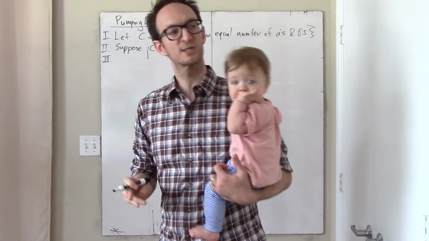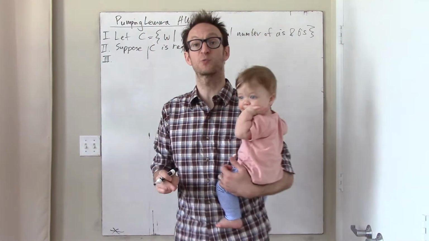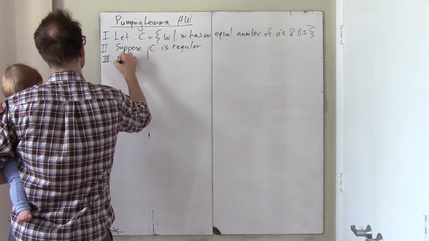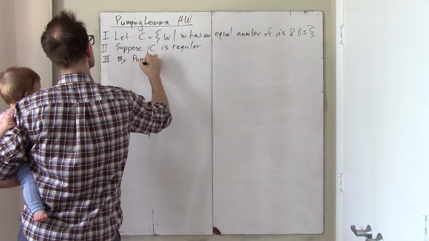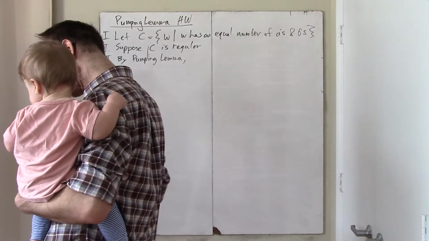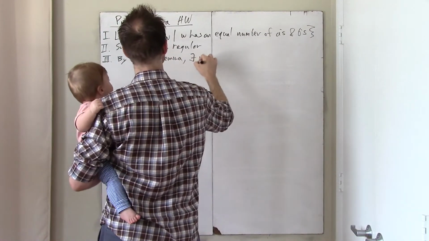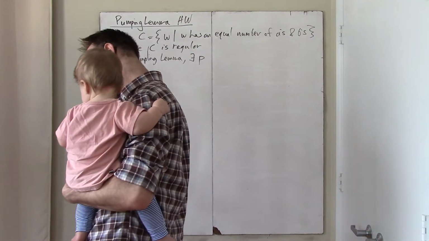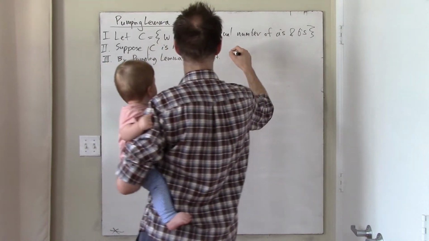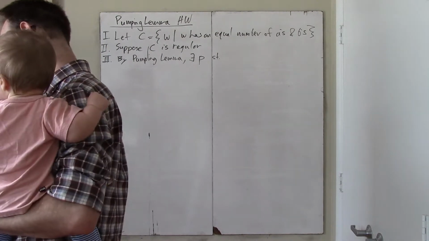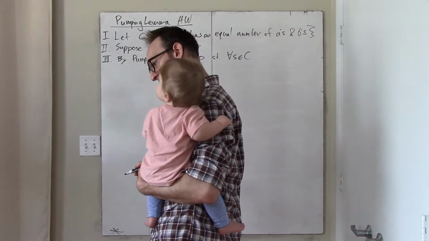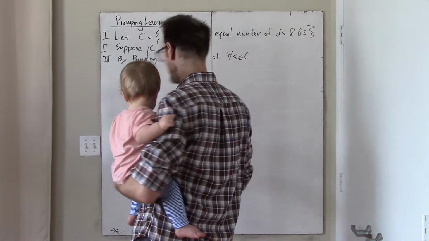Here we are basically just going to regurgitate the pumping lemma, which I think is of value. So what does the pumping lemma say? By the pumping lemma, there exists some P, the pumping length, such that for all strings in C that are longer than P, they can be partitioned.